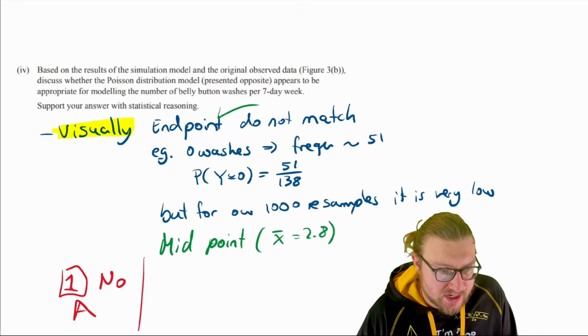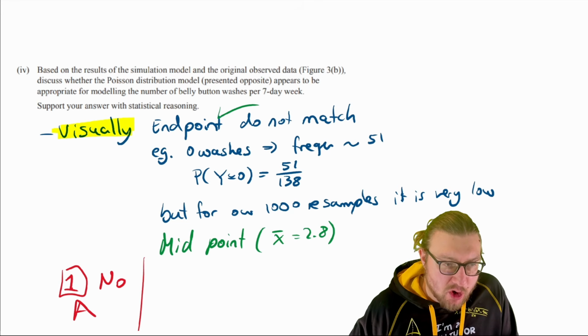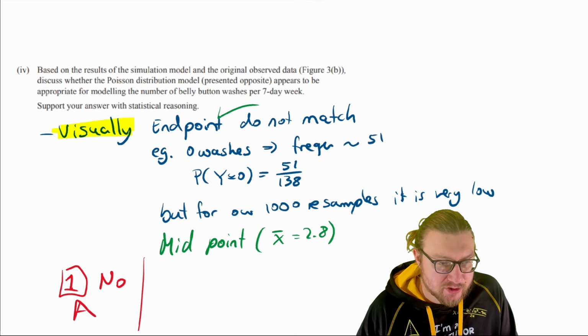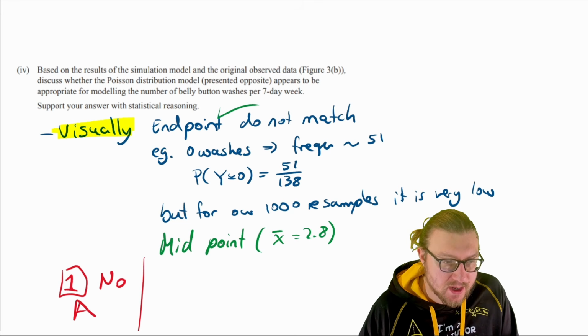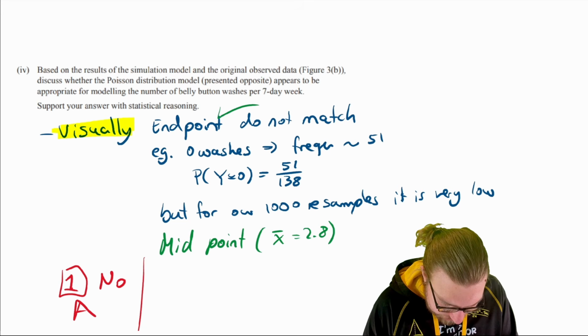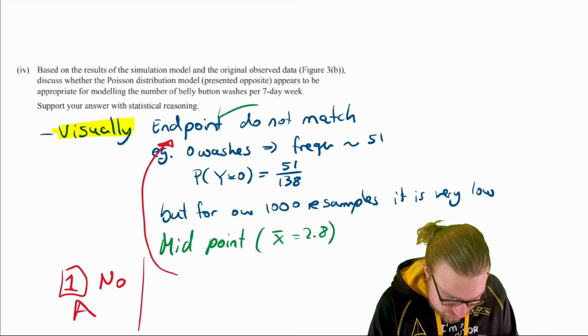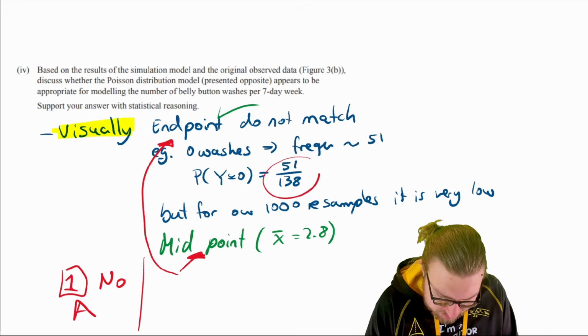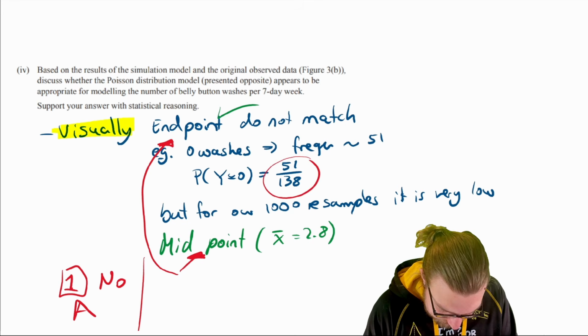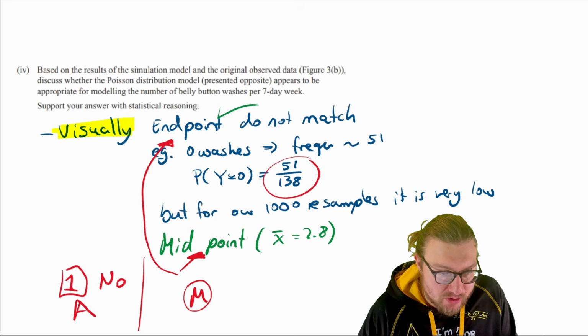In order to get a merit mark, you need to comment on it a little bit more carefully by visually comparing some parts. So you have to have specific evidence, which we said here are the endpoints and the midpoints, and comparing them with some numbers, so numerical evidence. This will give you a merit mark.